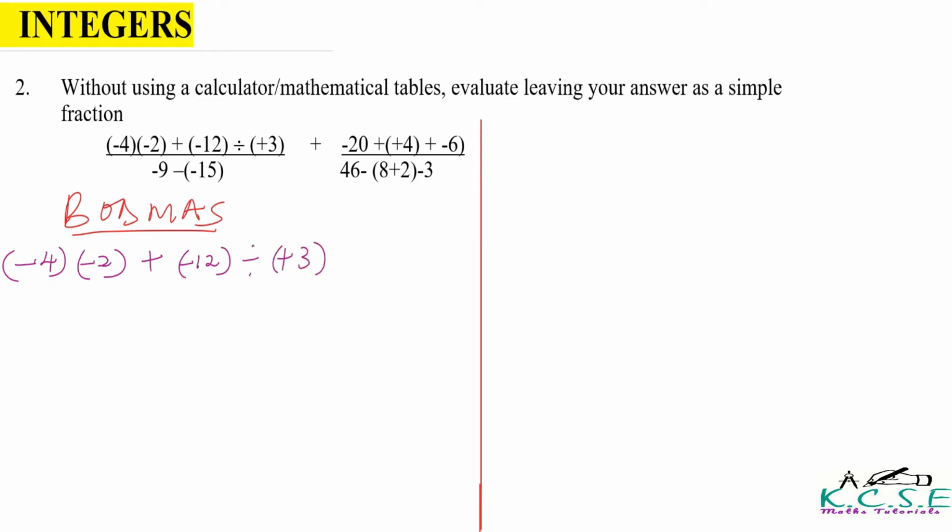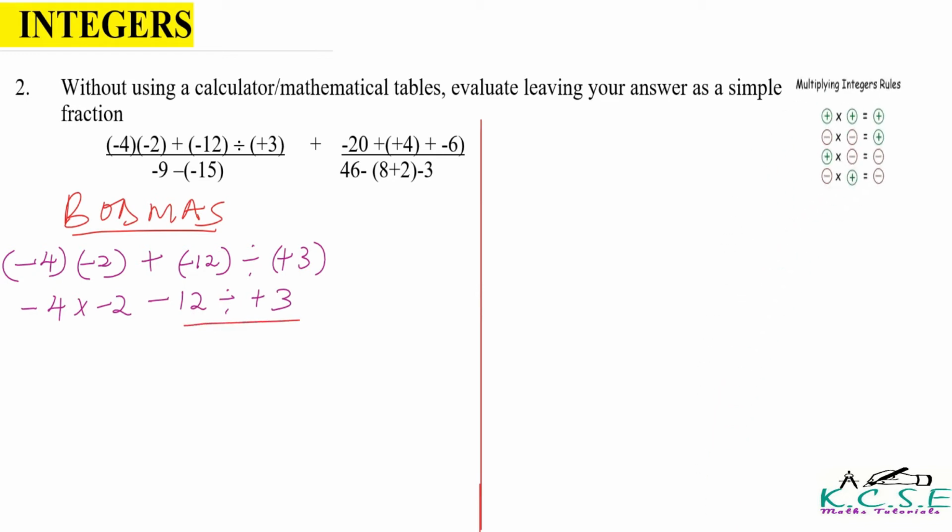Let us get rid of the brackets first. Negative 4 times negative 2, this is negative 12 divided by positive 3. The first operation that you're going to begin with is this division.